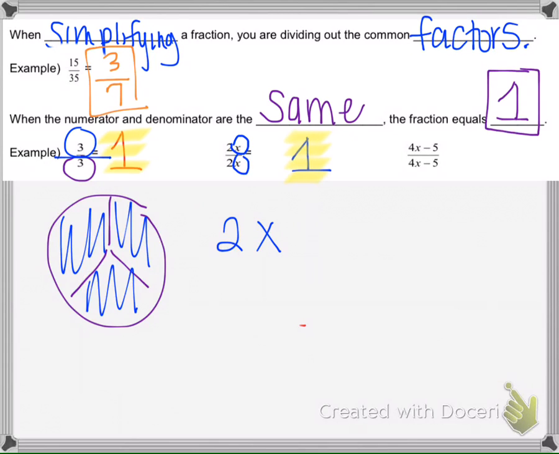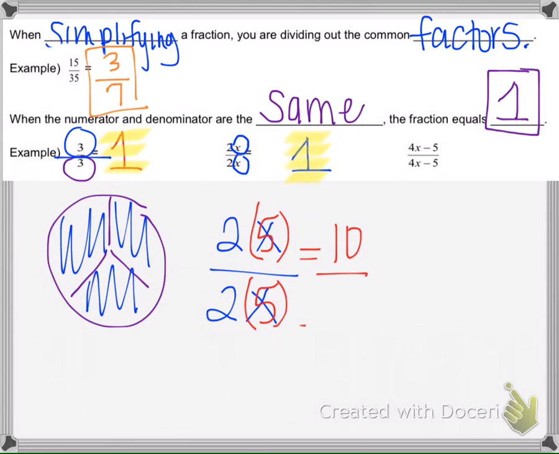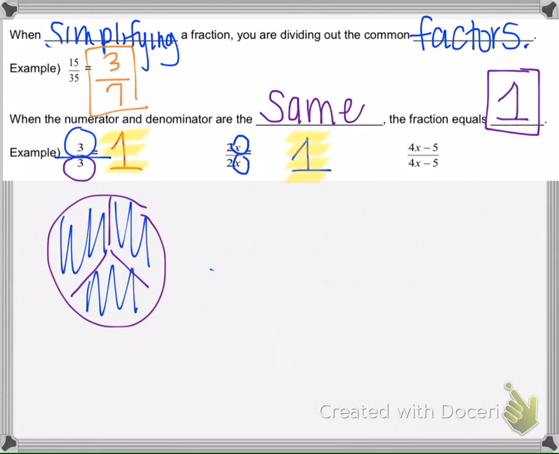So if I told you here that x, I'm just making this up, is 5, do you see how no matter what, you're going to have 1? If we knew what x is, it's going to always be 1, no matter what number you plug in for x. Okay, so that's the same thing here. 4x minus 5 goes with 4x minus 5.